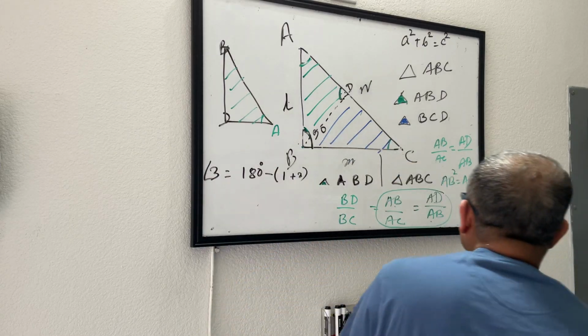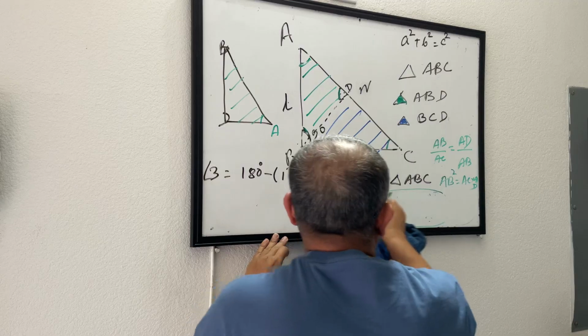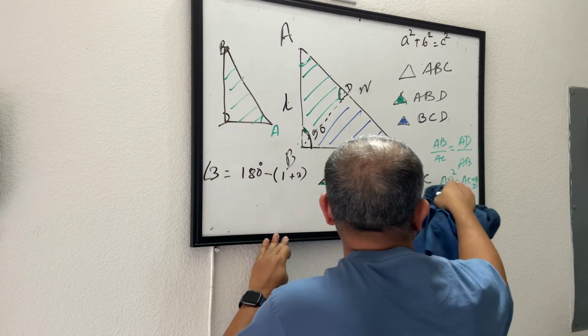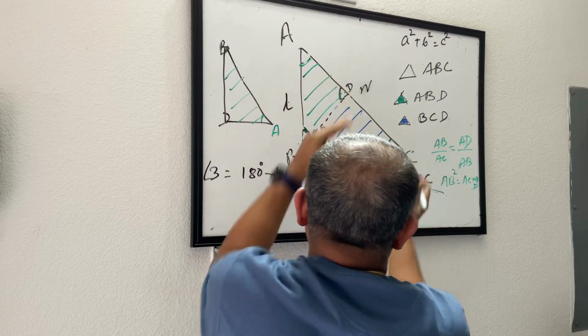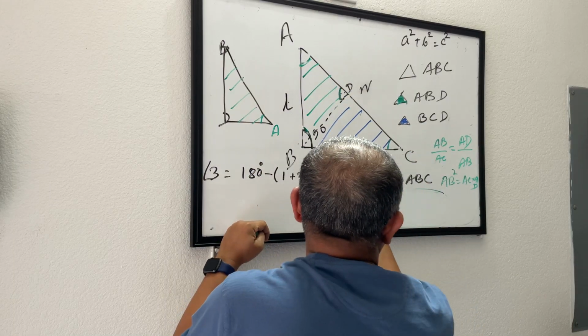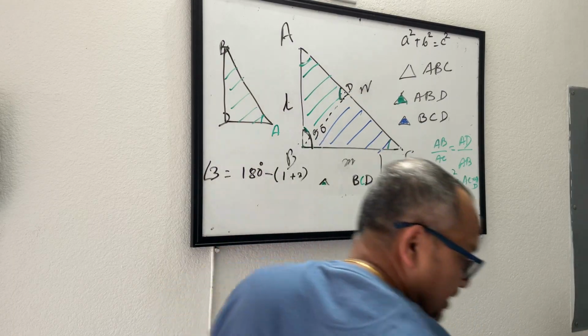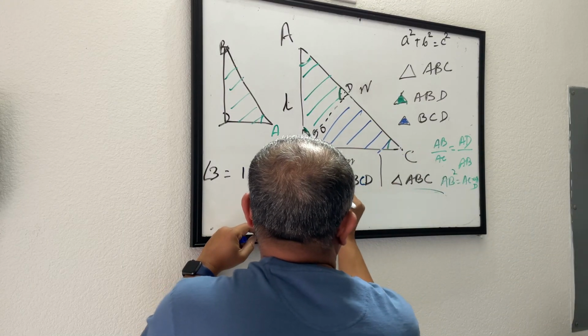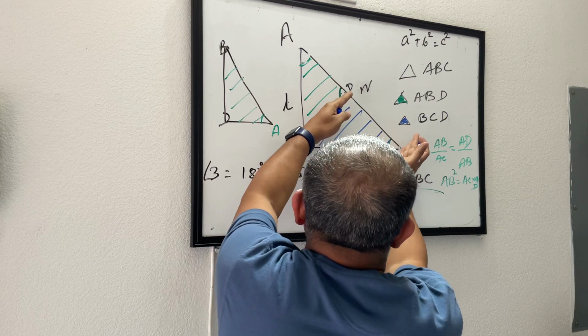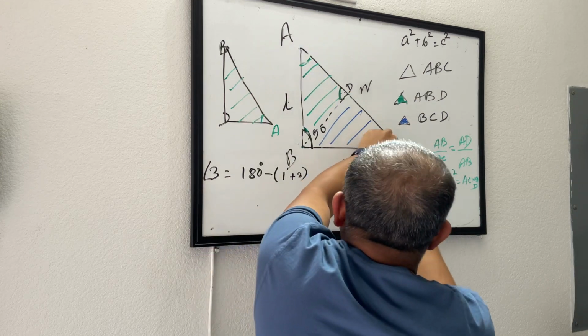Okay. Now let's go to the second combination. Second combination of the triangles, if you see, which is BCD. So BCD. Okay. This is the blue one. So I'll use the blue marker. So BCD. I'm looking at the blue one right now. This one is also similar to the large triangle because this angle is common.